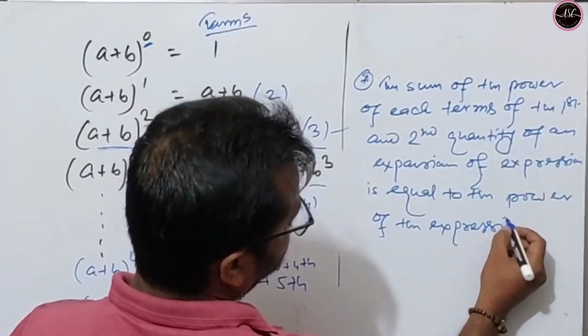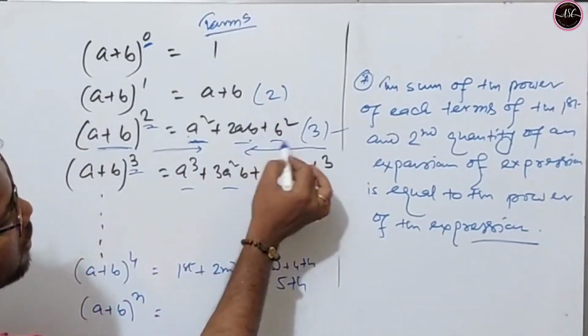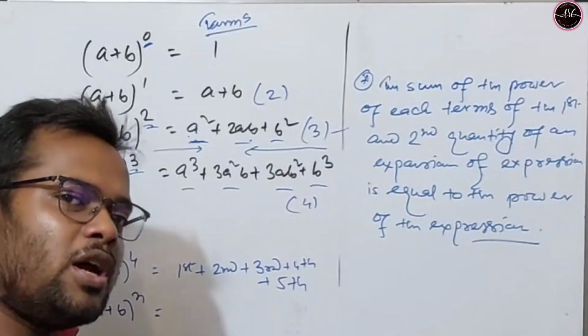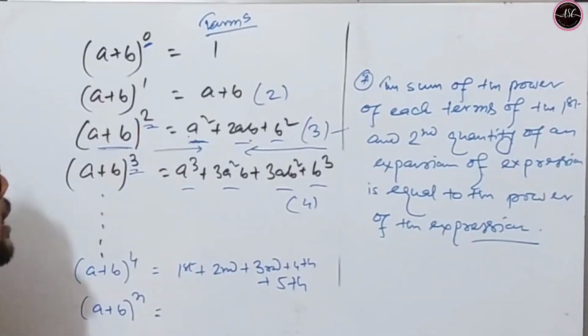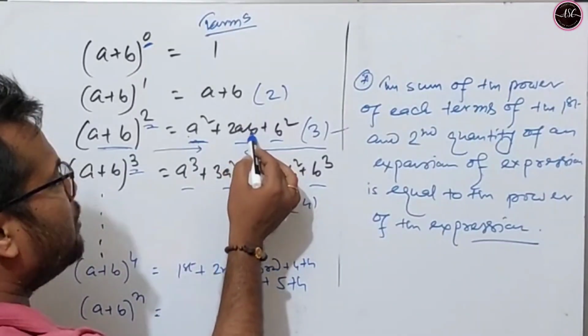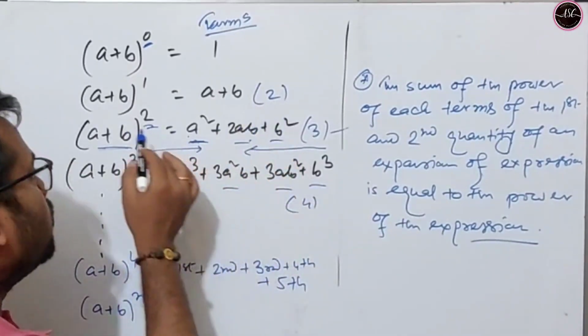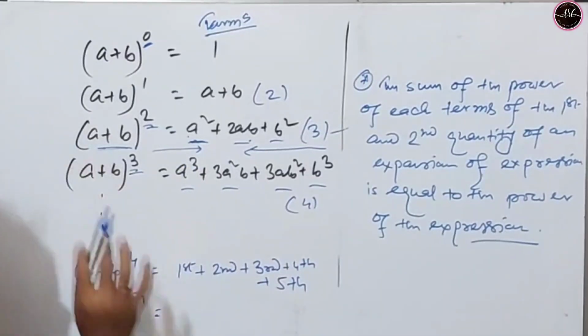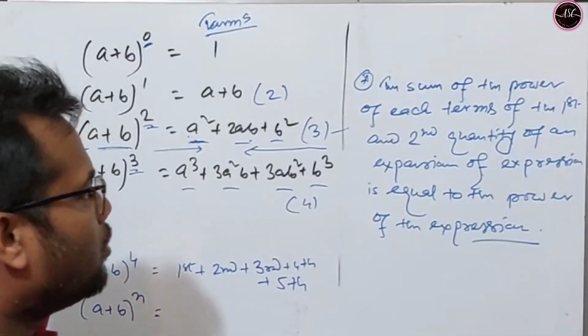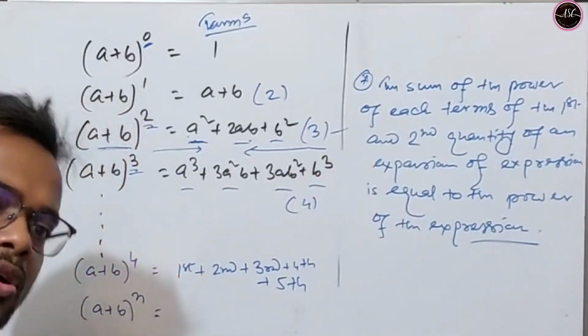Okay, here look at B square, that means B square into A to the power 0, that means 2 plus 0 equals 2. Here also the power of A equals 1 and B equals 1, so 1 plus 1 equals 2. Okay, similarly in this case we also found that. So we have found 3 observations.